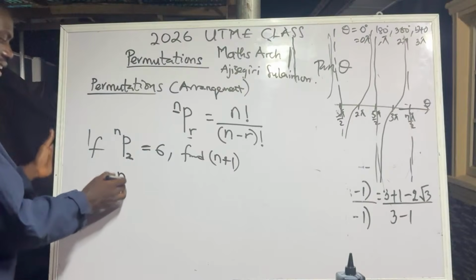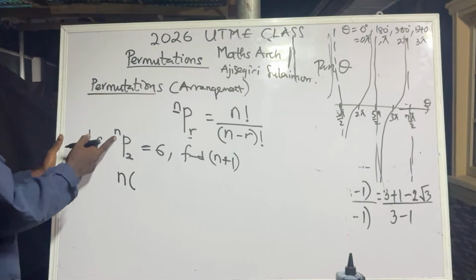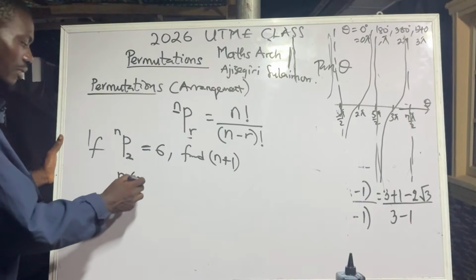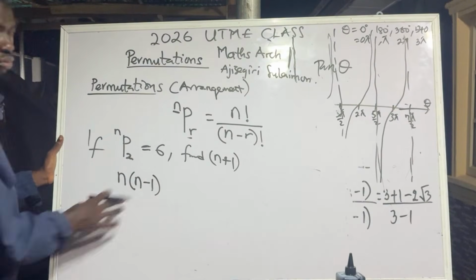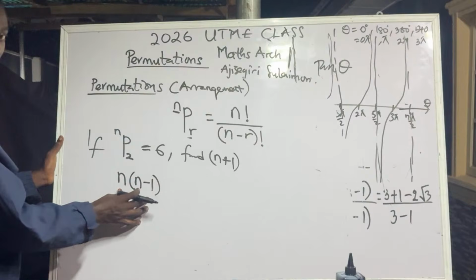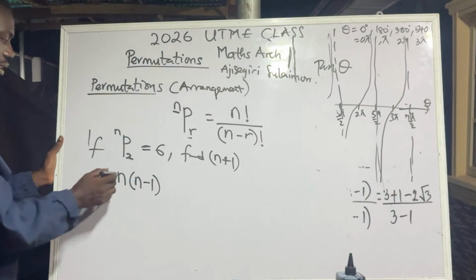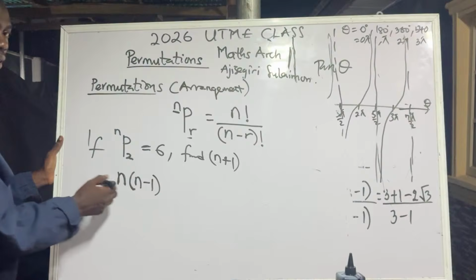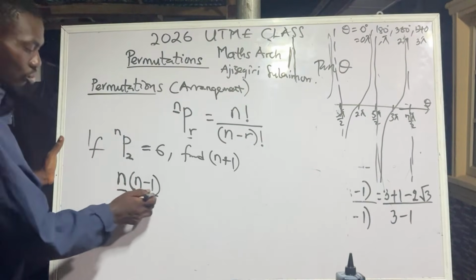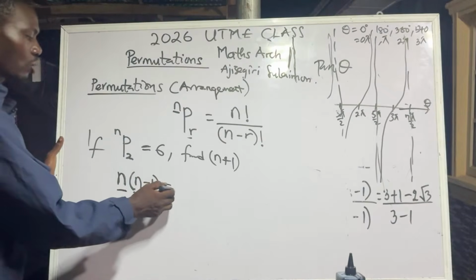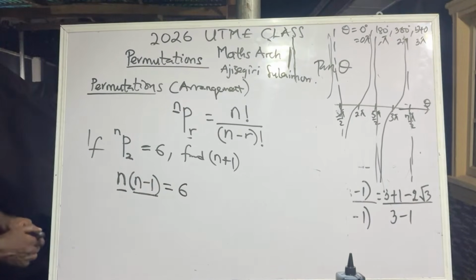That would be n, and when you reduce n by 1, that would be n minus 1. So n permutation 2 is n multiplied by (n minus 1), these are 2 terms, equals 6.